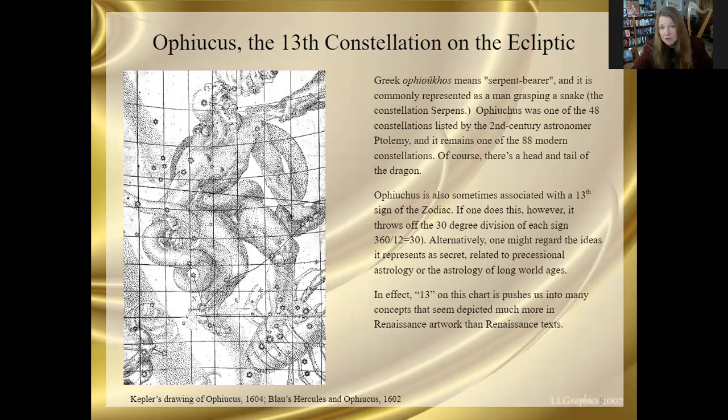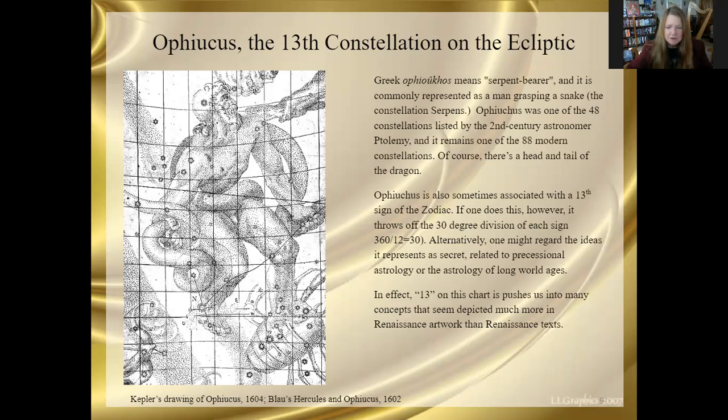In fact, the word Ophiuchus comes from the Greek for serpent bearer, so it can be and has been associated by some people with the Ouroboros serpent. It's commonly represented as a man that is grasping a snake, sometimes Hercules struggling with the snake. And we've talked about what Hercules means in the myth of, well, in many myths in Dee's time.